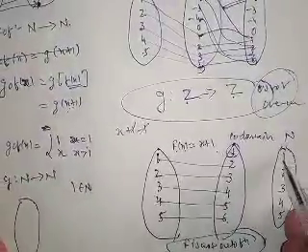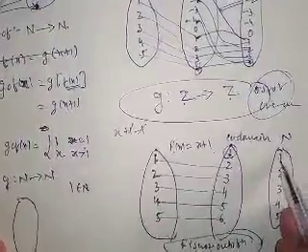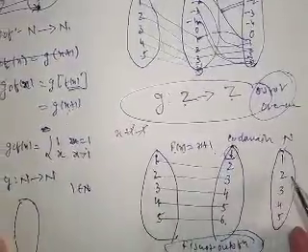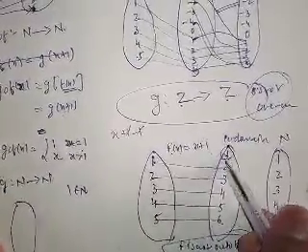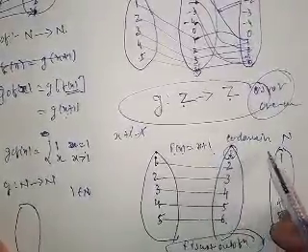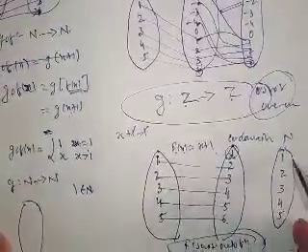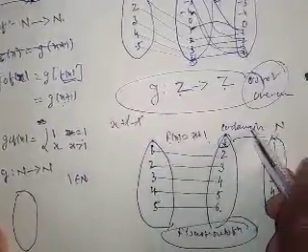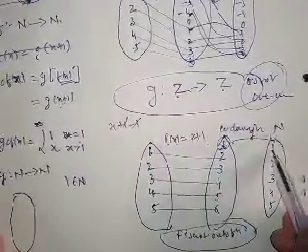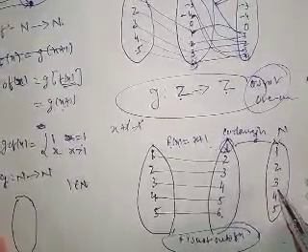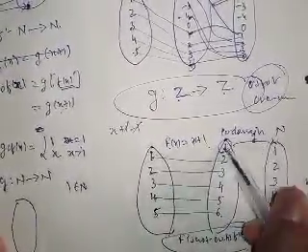Now, when I have to prove that g is an onto function, there should be some image here for 1, which is excluded here. So I have to include it in my function. Then it will become an onto function. For all the elements in the codomain, there should be some element in the domain mapping to it.